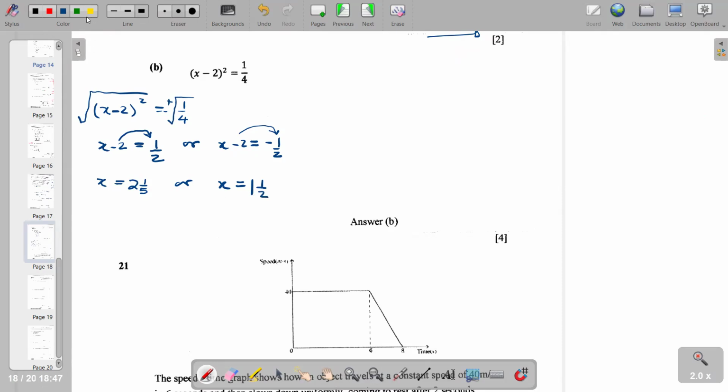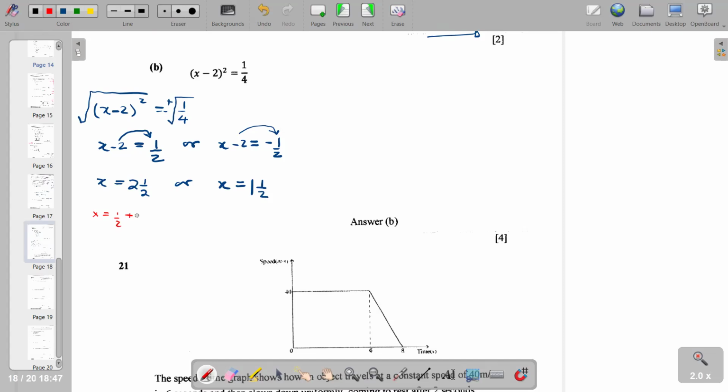Take note, it's 1.5. This one is a half, not 5 here. Take note how we simplified there. We said x is equal to half.